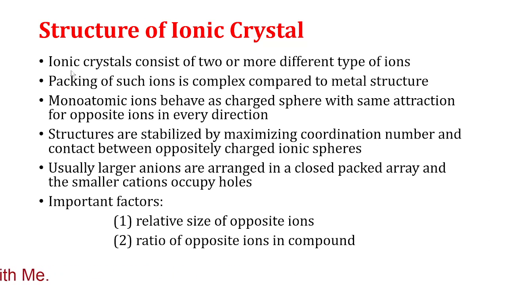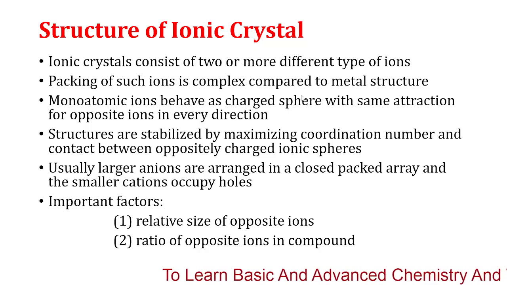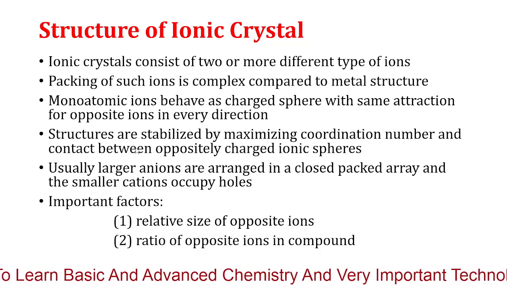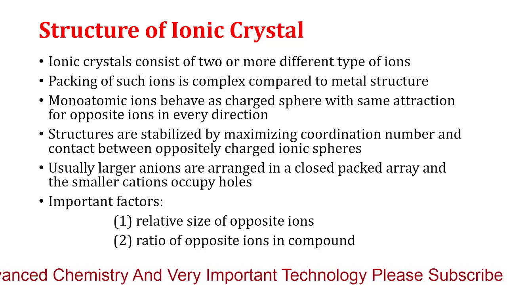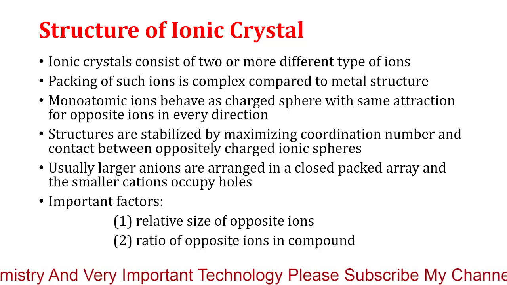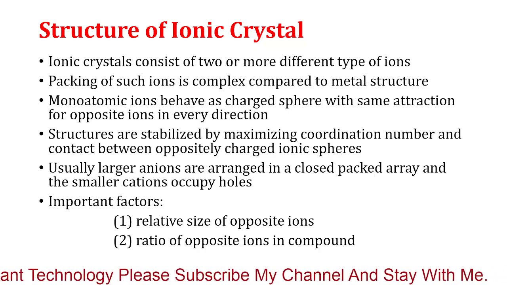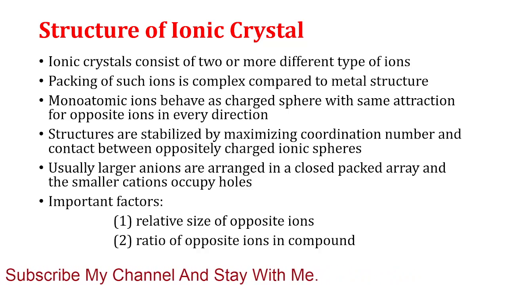we are familiar with the term that the ionic crystal or ionic compound is made of two or more different types of ions. The packing of such ions is complex compared to the metal structure. That is a little bit harder compared to what we have seen for the metal structure, because in case of metal structure all the atoms are of same shape and same size.